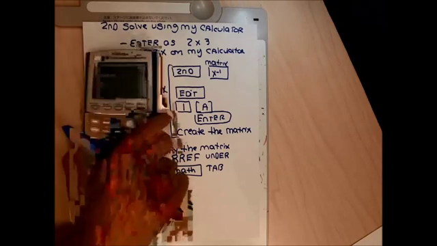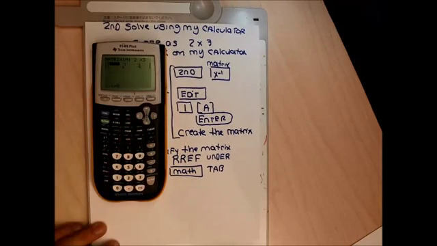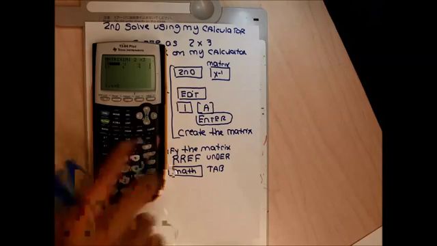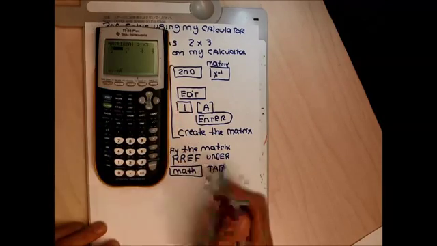So right now, on my calculator, I've just entered the matrix. Now I want to be able to simplify the matrix. And once I simplify it, I'll be able to tell the answer.